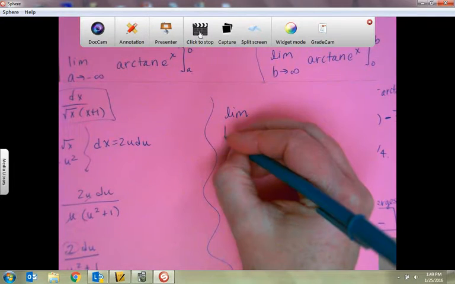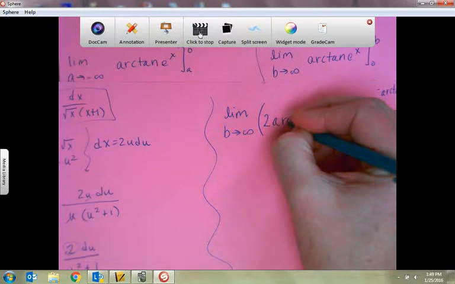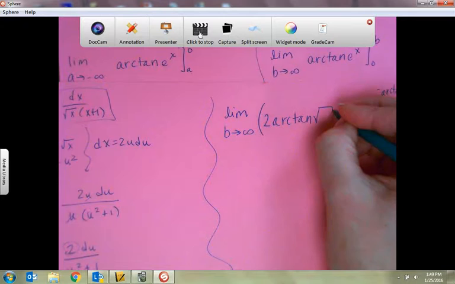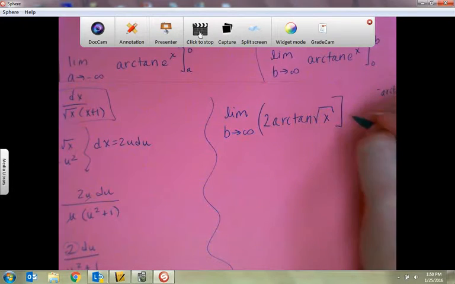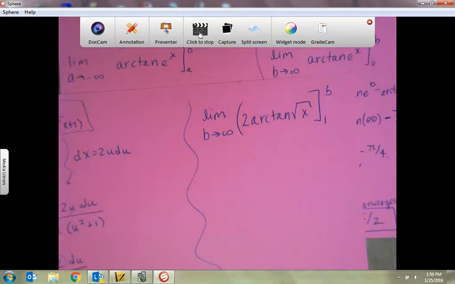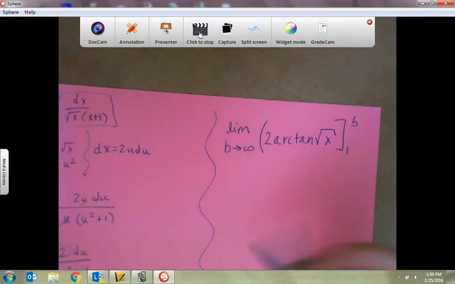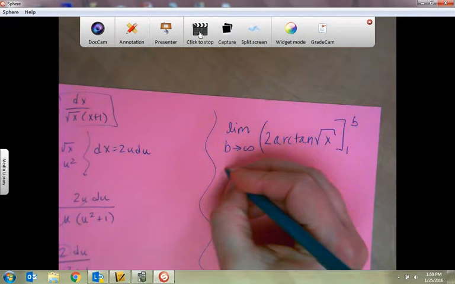So as b goes to infinity, I have 2 arctan of radical b minus 2 arctan of 1. So this would be 2 times the arctan as I go to infinity, minus the arctan of 1. Arctan of 0 is 0, arctan of 1 is pi over 4.